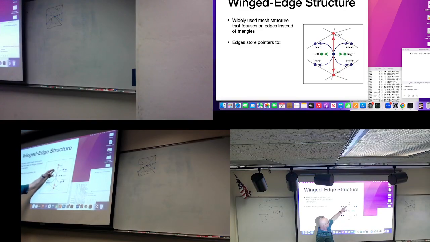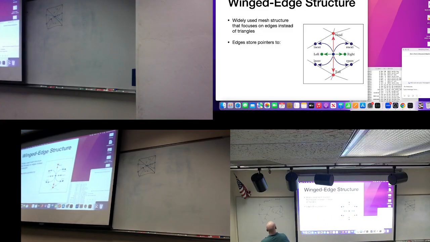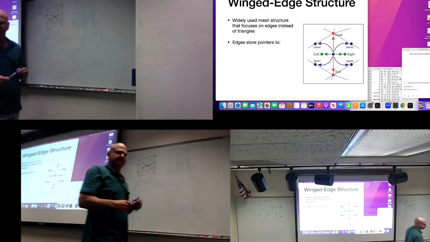How can I find the previous if I just have the next edge? Well, if I think about this edge, it will go in this direction because I'm going counterclockwise, and this edge will go in this direction, following it in a counterclockwise order. Then by just following the next, I can discover all the edges around it.